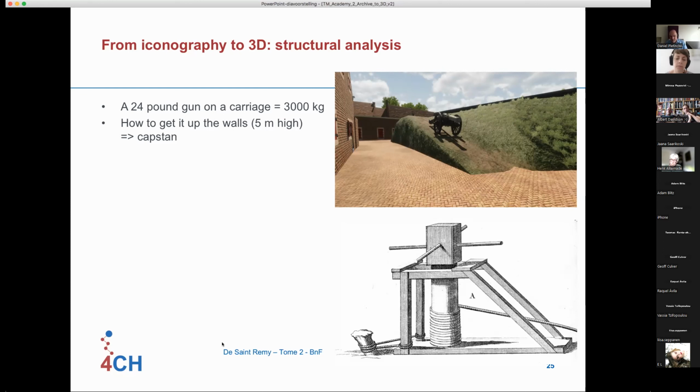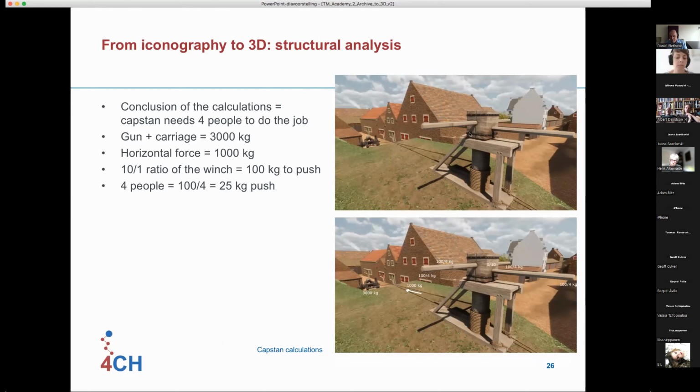One of the things you find in this nice manual is this capstan. The capstan itself is a device to do the job, which means you have to swing the batons again, turn them around, and this way your winch again will take your gun up.